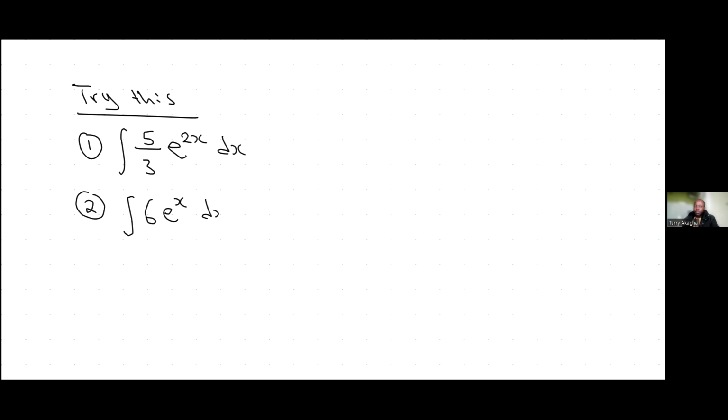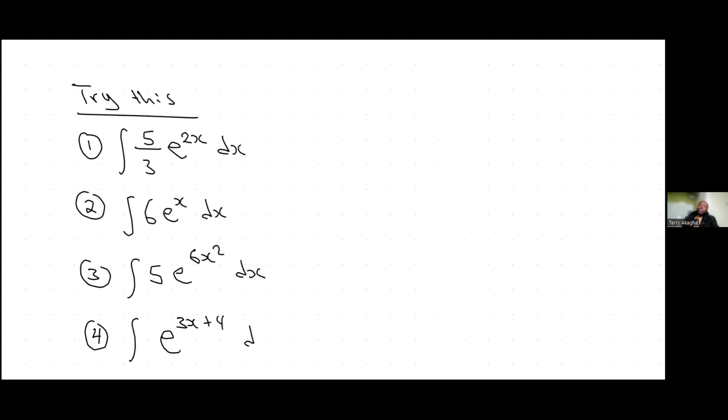Number 3, integrate 5 exponential 6x squared in respect to x. And number 4, integrate a linear function, 3x plus 4, in respect to x. Put it in the comment section or discuss with a friend and see if you get the same thing. And that is that for exponential functions.